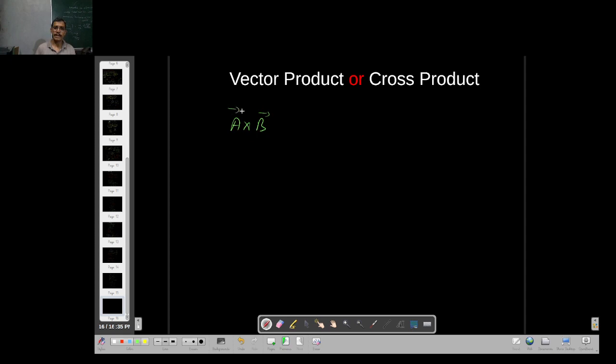It's like this: a is a vector and b is another vector, and their cross product is represented by a cross b. Let us define it.